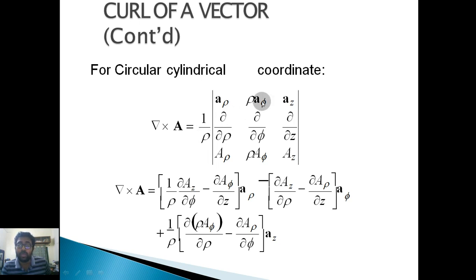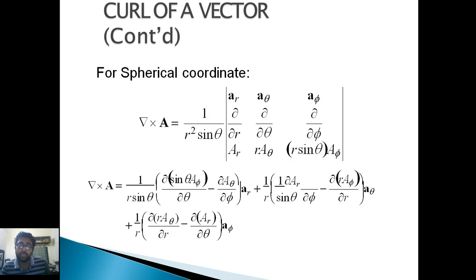It's 1 by rho, and here we put rho phi, and again using the matrix format we can determine the value of the curl of a vector in the circular cylindrical coordinate system. The same is applicable for the spherical coordinate system, where del cross A is equal to 1 by r squared sin theta, with a suffix r, a suffix theta, a suffix phi.